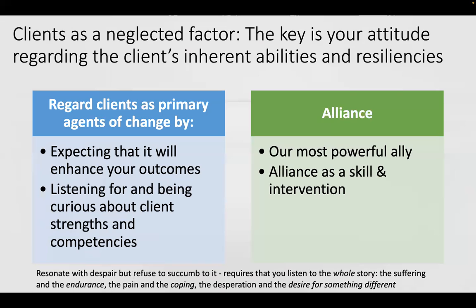And then again, we've talked about this, and I think this is really in line with postmodern in particular, is listening for and being curious about the client's strengths and competencies, and then really attending to the alliance. So I'll show you some statistics where the process of therapy has been quantified in a way, but attending to the relationship between you and the client is the most powerful factor in outcomes.